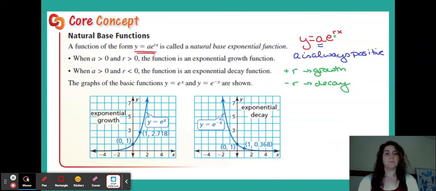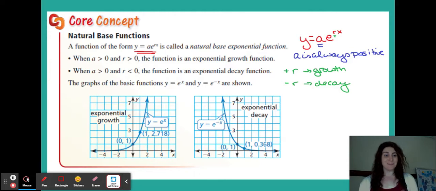So if we have a positive r value, if we have a positive exponent, that's a growth because we have a larger number. That 2.718 is going to be to a positive power, which will make it bigger and keep it positive. If the r is negative, remember with negative exponents, it just means it's a fraction. It's just a reciprocal.